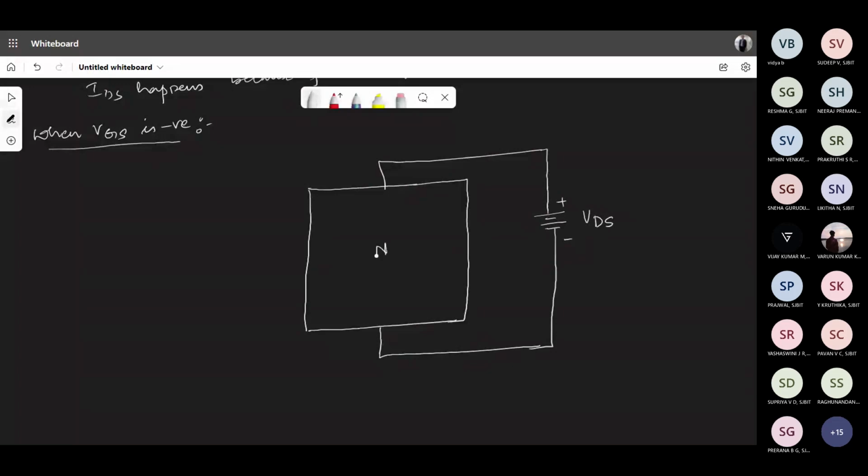This is the N channel. We have a P plus, and there's a P plus here also. Now these two are interconnected. This is gate, drain, and source. Source is grounded, and that is why we call it common source.